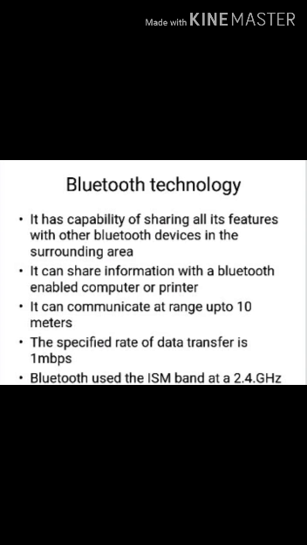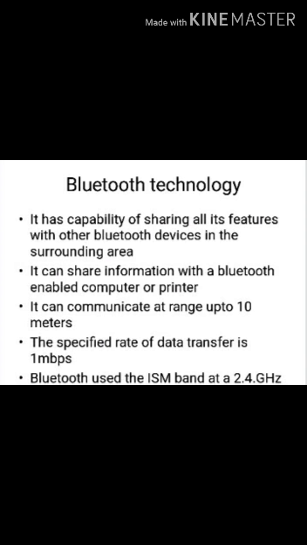We see the different features of the Bluetooth technology. It has the capability of sharing all its features with other Bluetooth devices in the surrounding area. Means by using this Bluetooth device we can share all its features to another device. It can share information with a Bluetooth enabled computer or printer.